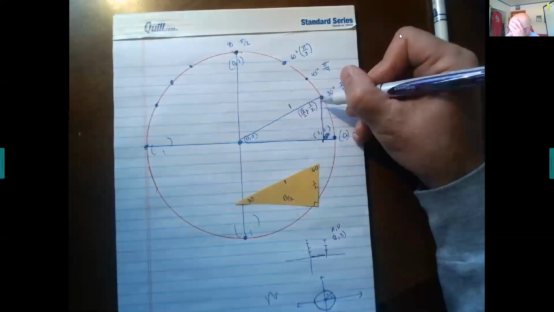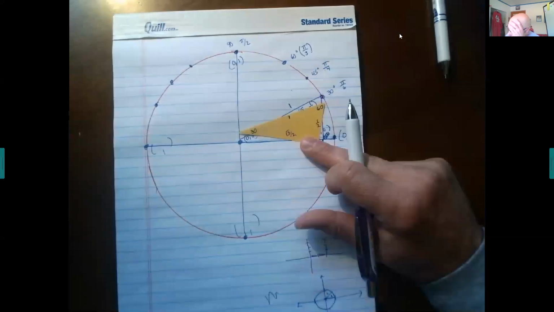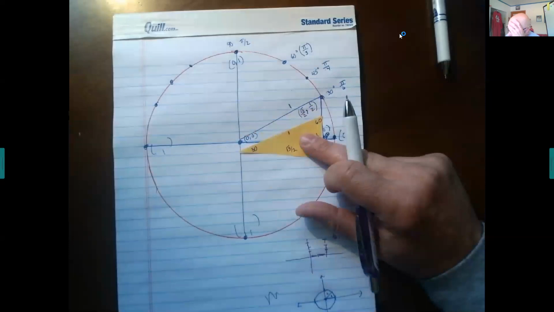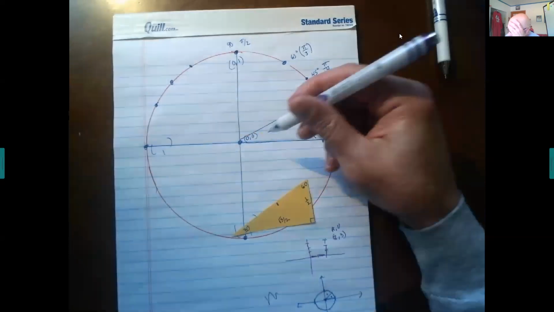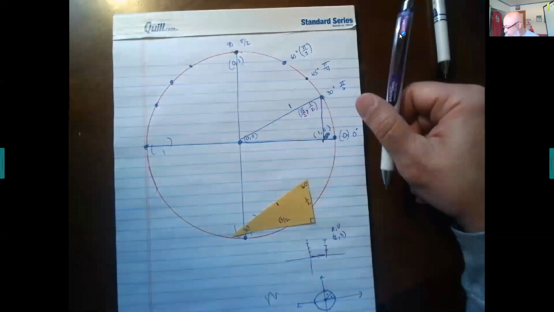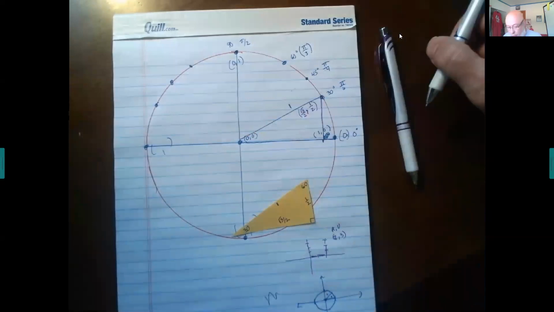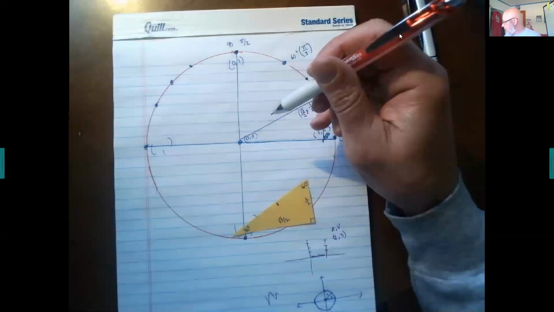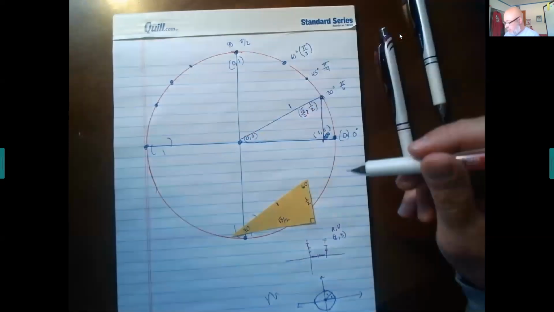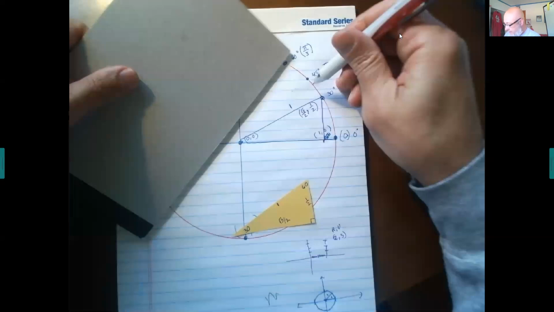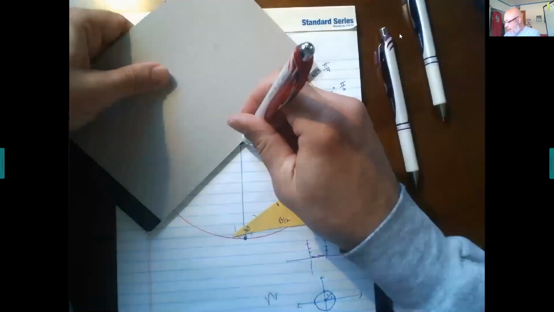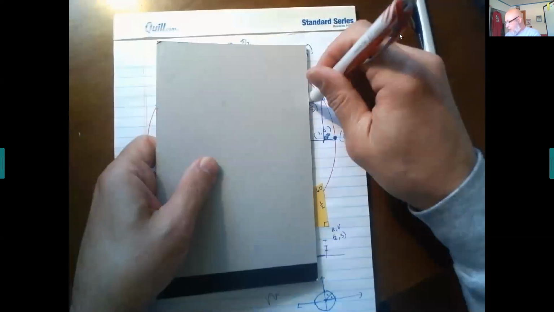Now, you may not have these beautiful triangles here, but you can certainly draw in a 30-60-90. And if you had a separate color, that would be kind of cool for you to draw in maybe your 45-45-90 triangle here.